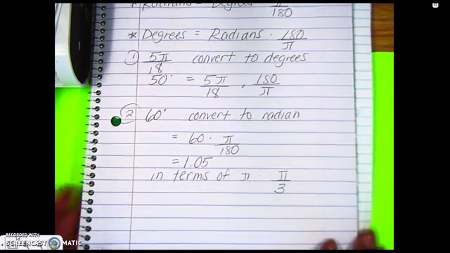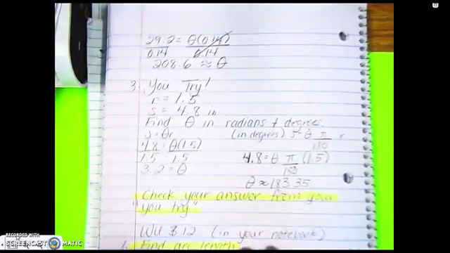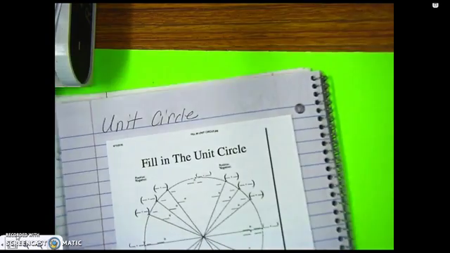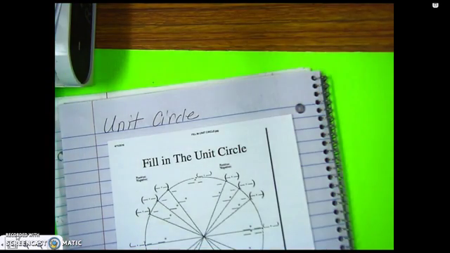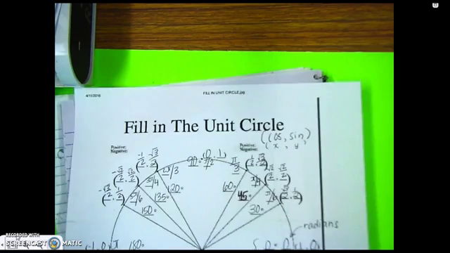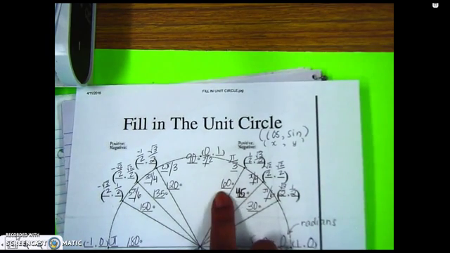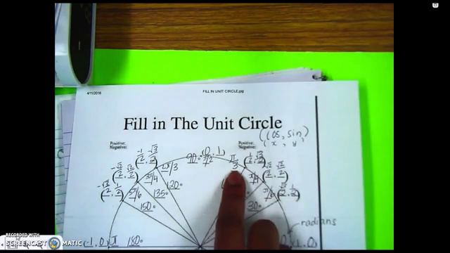Alright, so if you look on your unit circle for 60 degrees, it is right here. This is our degree measure. This is our radian measure. So our radian measure is pi over 3.